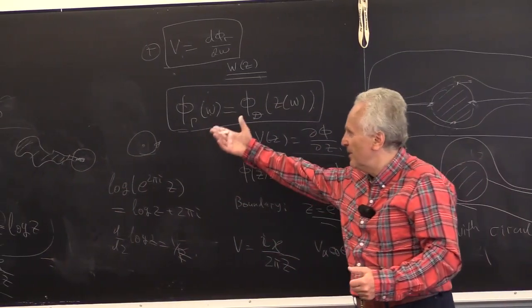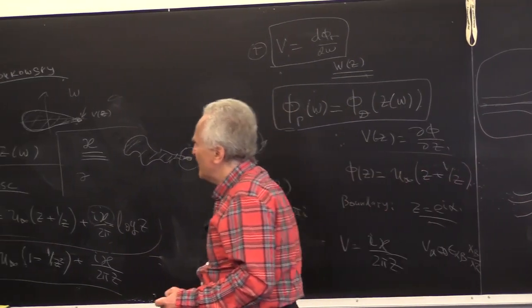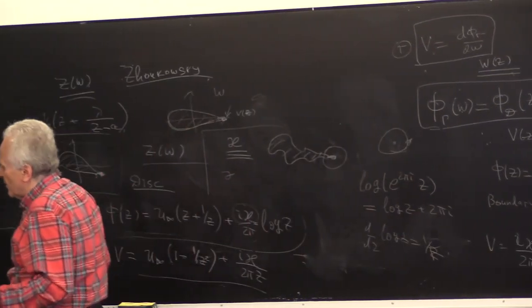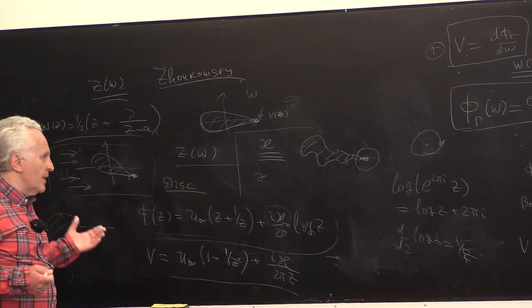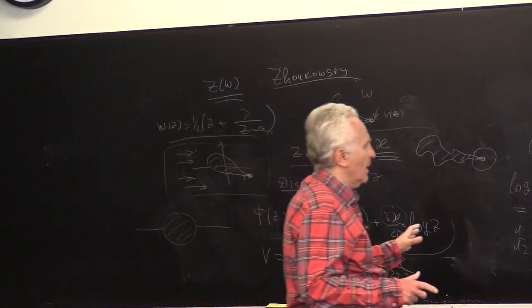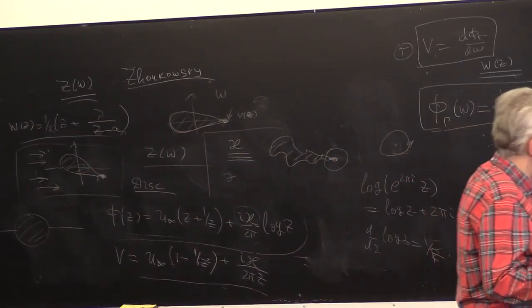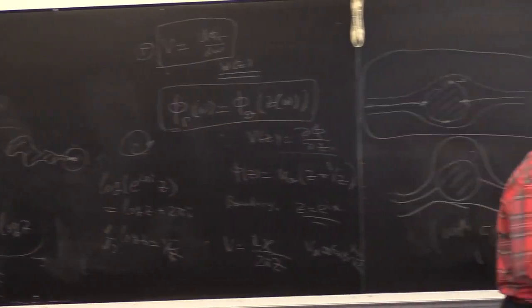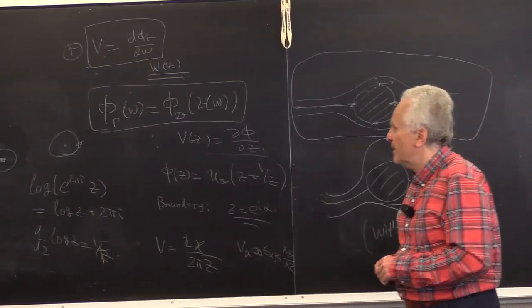You just do it by means of these tricks. But it's fine for engineers because they have their own empirical formulas which work. For a theorist, it's a bit unsatisfactory.